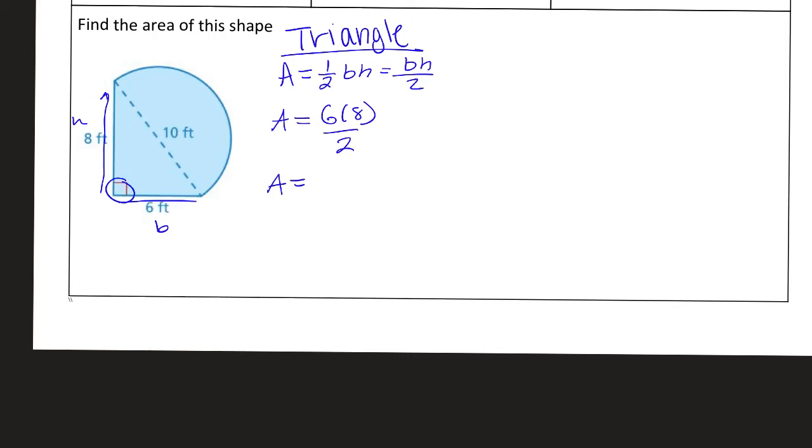Then I'm just going forward with the multiplication. 6 times 8 is 48 divided by 2. So the area of the triangle is 24. Then I'm going to find the area for the circle, or for the semicircle. Take a second and write down the area formula for a circle.